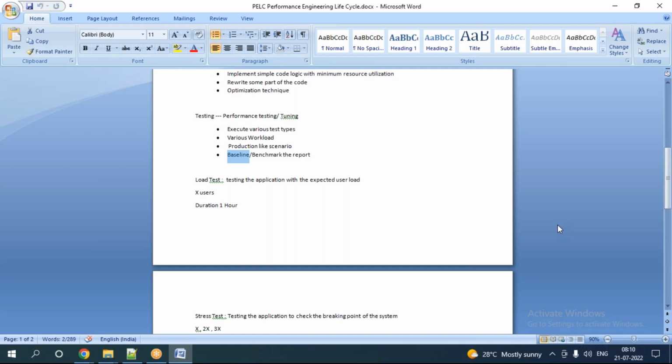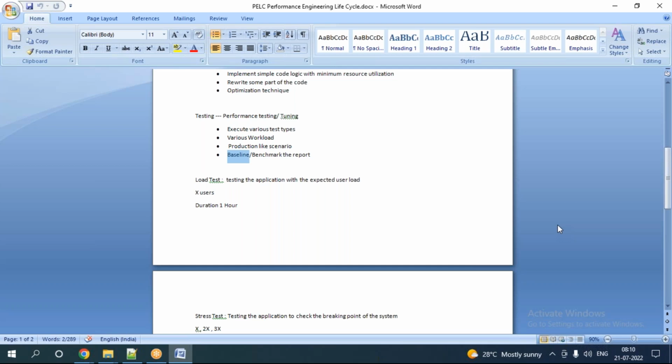You are benchmarking the numbers. It need not be a performance number, please understand. It may be a business number also, like your profit or revenue. Comparing your number with the industry best player is called your benchmark.